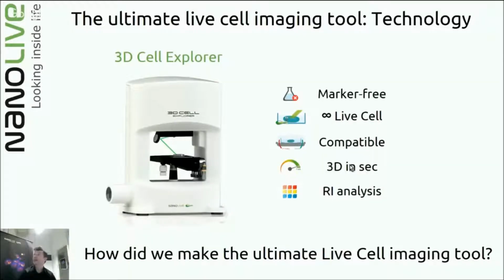I will tell you how we managed to get such a high frame rate, meaning that we can get one image every 1.7 seconds, and by image, I mean a complete 3D stack of your sample. So we can make very beautiful movies with a very high frame rate. At the end of this introduction part, I will tell you a little bit about the refractive index analysis, and then we will introduce our software, Steve, and then we will move on to the practical part.